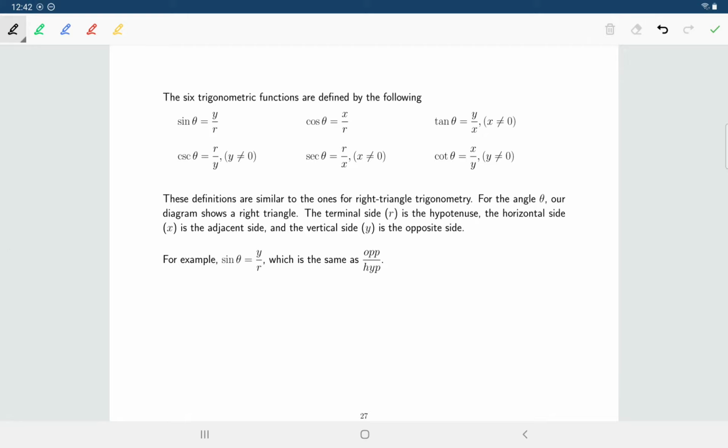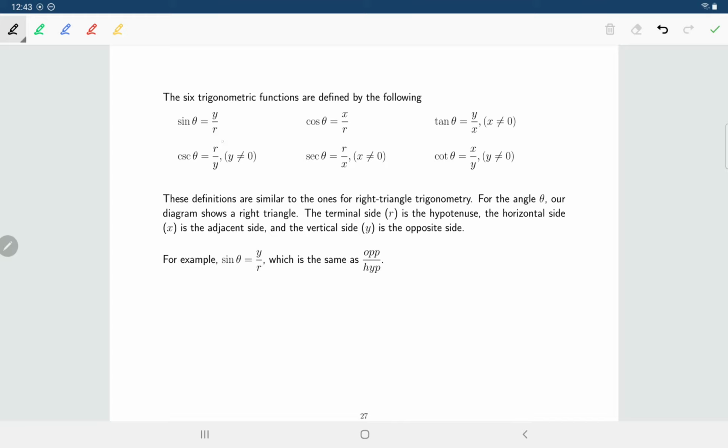Now, one thing that's going to be true here that we didn't have to worry about in the past was that some of our trig functions will be undefined for certain angles. If you're remembering the way that we define things with opposite, adjacent, and hypotenuse, those were side lengths in a triangle, so none of those lengths could be 0. However, if we're talking about x and y coordinates, it's possible that x or y, or both, could wind up being 0.